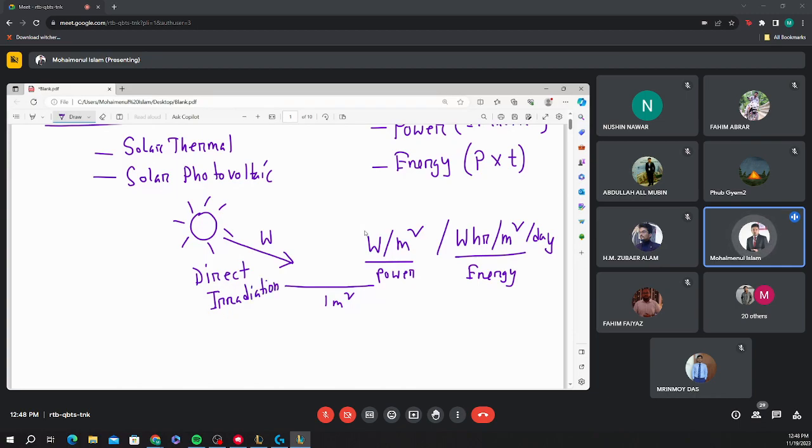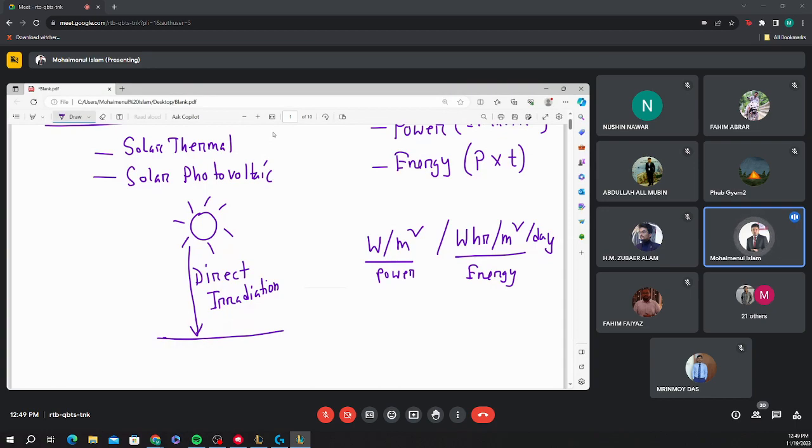We can say that direct irradiation, the angle of the direct irradiation considering 90 degree, that means sunlight falls to the ground directly. Suppose we have our surface, that is the sunlight coming directly, that is our direct irradiation.